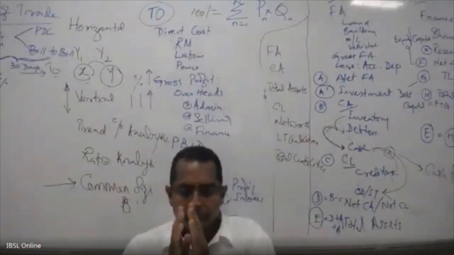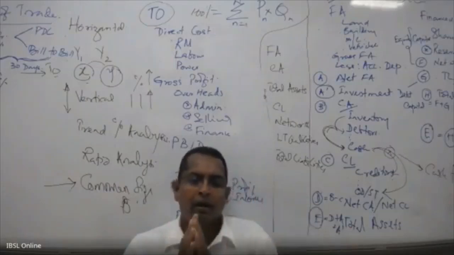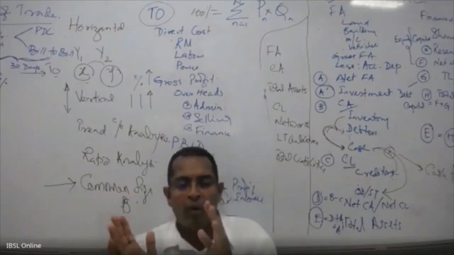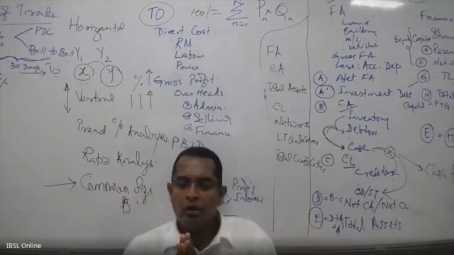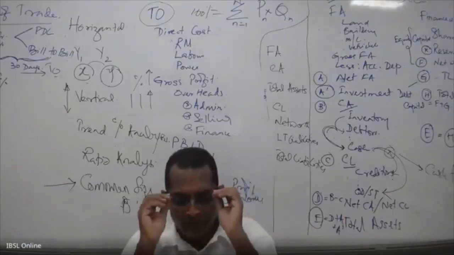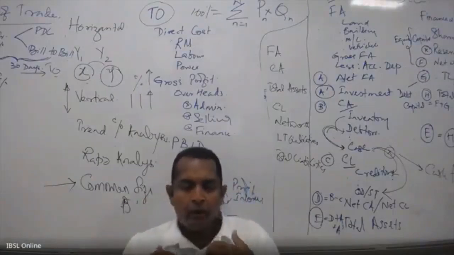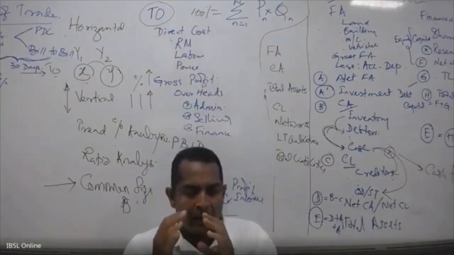So current ratio should be in the range of 2, whereas quick ratio in the range of above 1 is a better one. Right? Clear? Current ratio and quick ratio. Current ratio is calculated to find out the coverage of current liabilities.